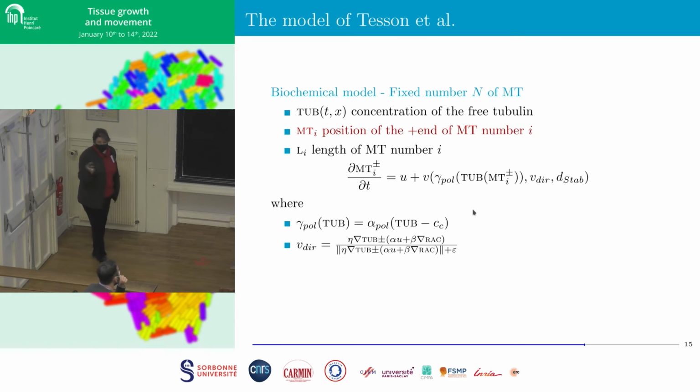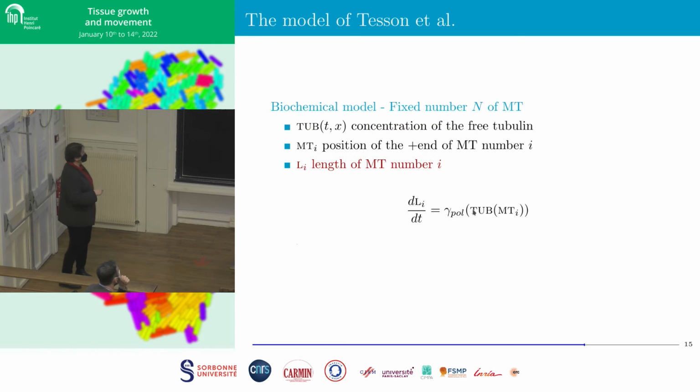So the evolution of the position of microtubule will depend on the velocity of the cell U, but will also depend on the gradient of the tubulin, the gradient of the protein rac at the front, and we'll have a different orientation if we are in the front or in the back.